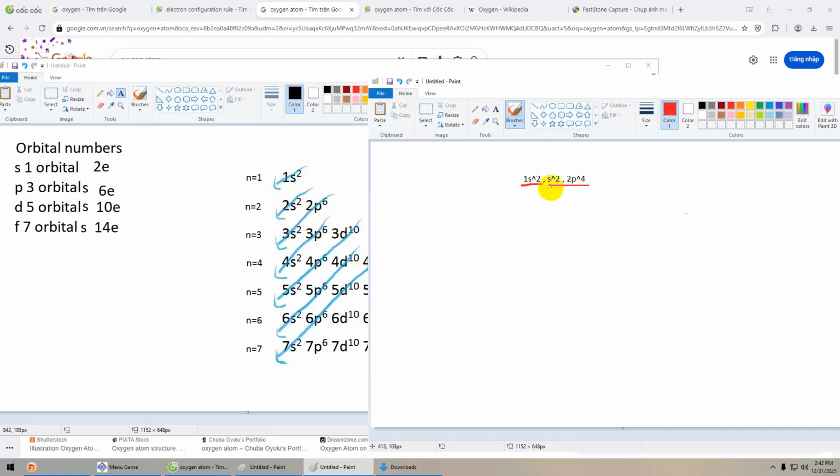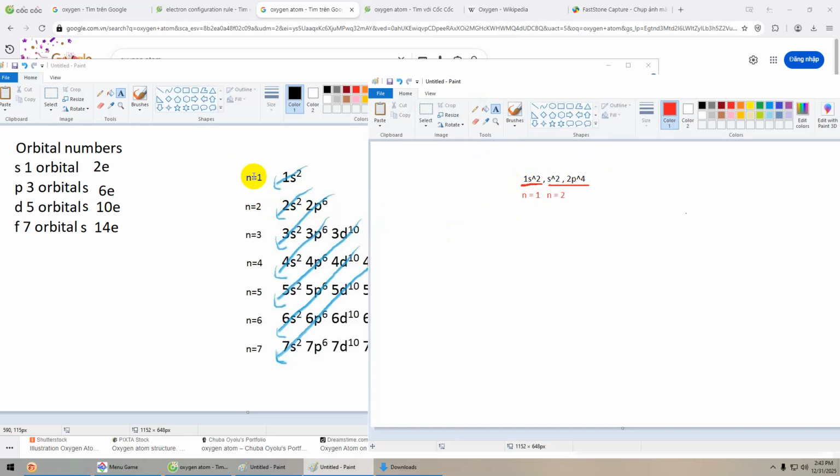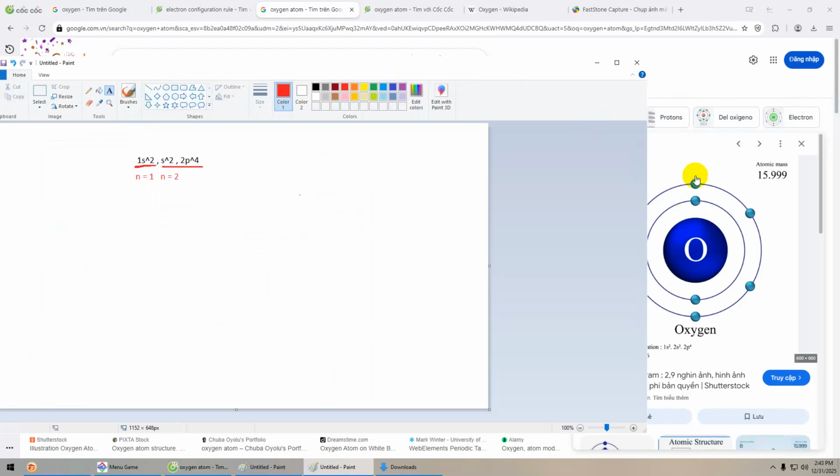But remember, we only have 8 electrons, so this last number is reduced a little bit. So this is n equal to 1, and this is n equal to 2, because here we have 1s2, and when we come here we have n equal to 2.